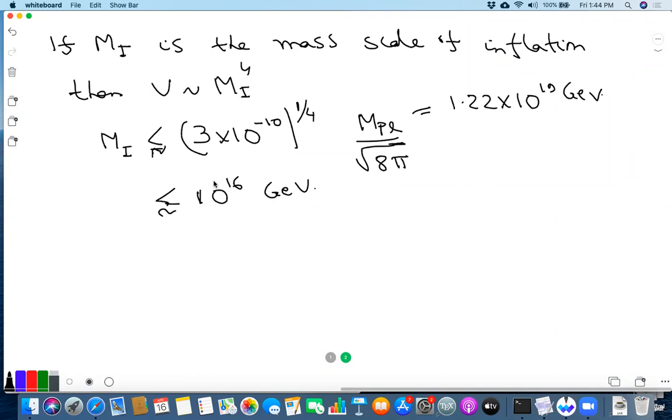What do you mean by scale? Is it just this definition? Yeah, so M_I is this definition. Roughly, after the inflation has ended, if we assume that the reheating is efficient, then the whole energy density gets converted to radiation almost immediately. So then M_I will be the scale of temperature.